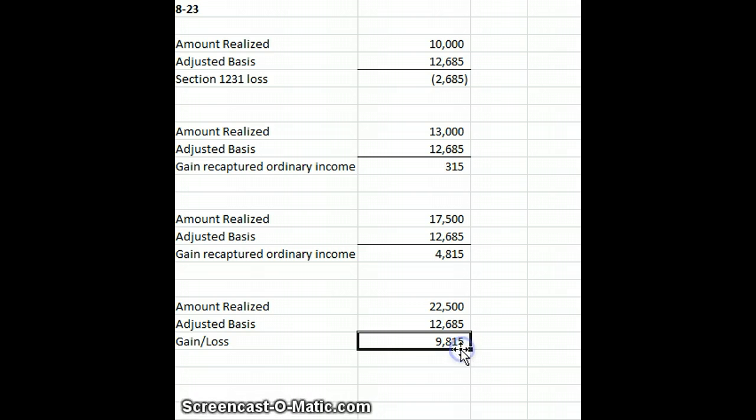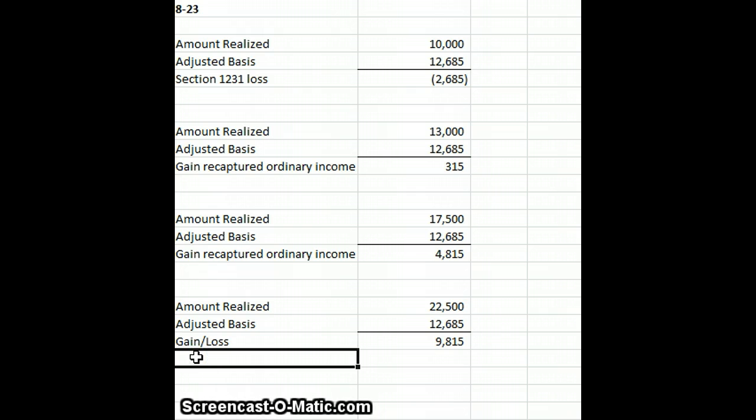Our gain or loss is $9,815. Well, how we're going to handle that is our first part is going to be our recaptured ordinary income, which is going to be the amount of depreciation we've taken.